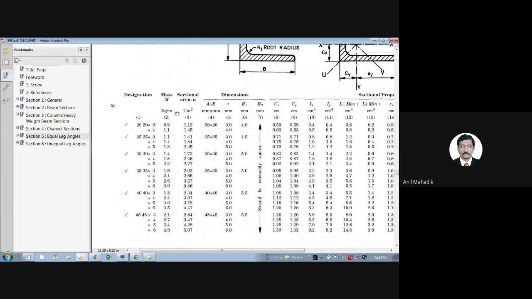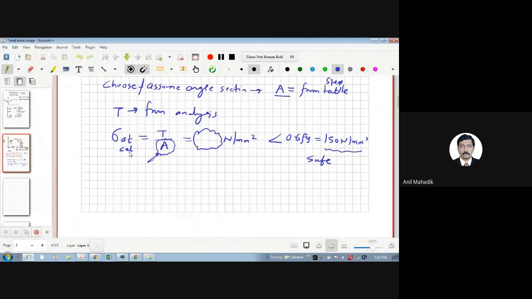If you want to choose any angle section, how will you choose? No idea, sir.